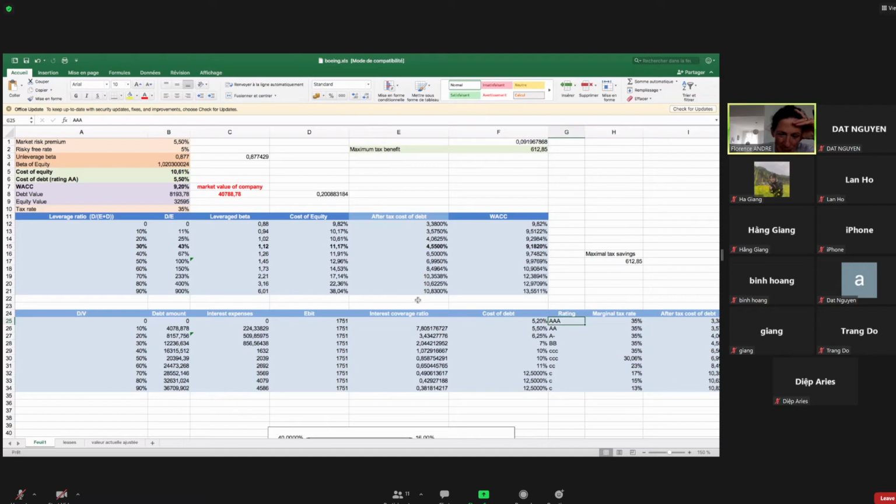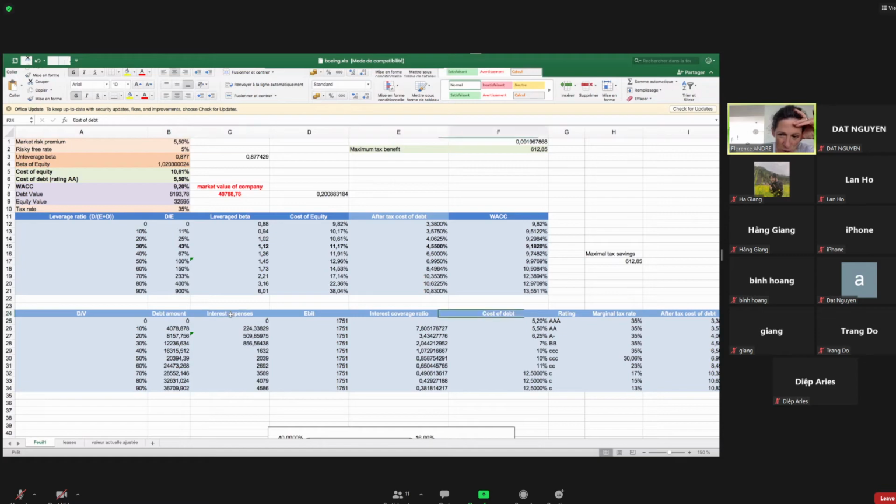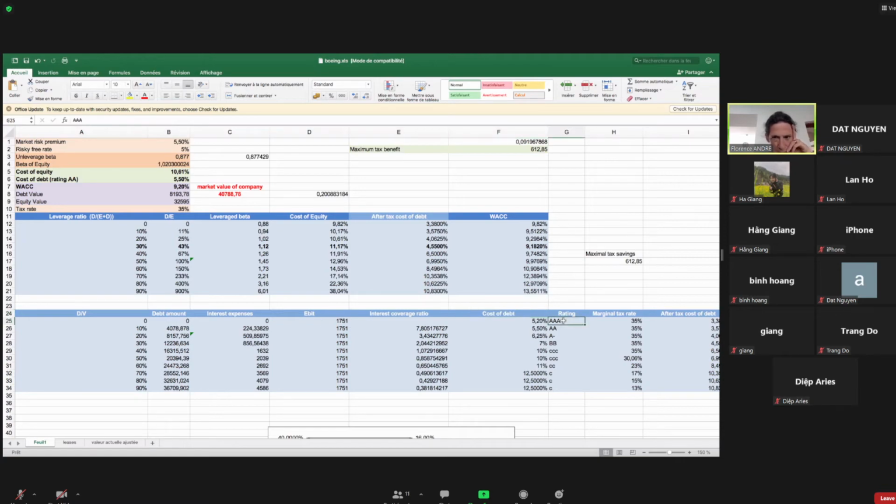But the problem is that if we use, for instance, the ICR, we need to have interest expenses, and to have interest expenses, we need to have the cost of debt. So we have a circular problem. To solve this, we can assume at first that we have the rating AAA. So it's the best rating.